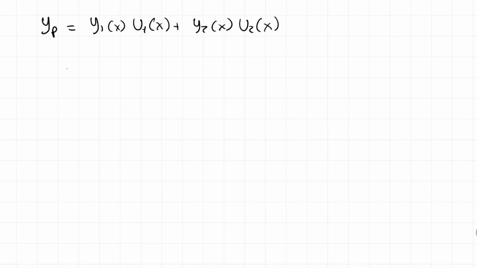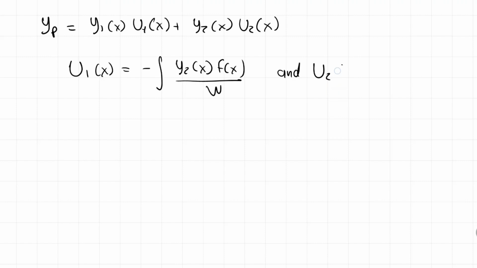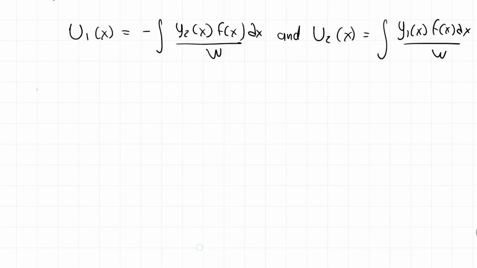We got that u1 of x is equal to negative the integral of y2 of x f of x over w, and u2 of x is equal to the integral of y1 of x f of x dx over w, where w is the Wronskian of y1 and y2 given by the determinant of this.